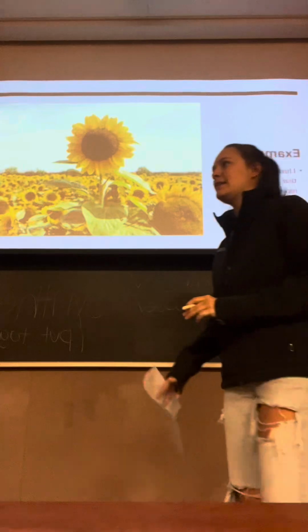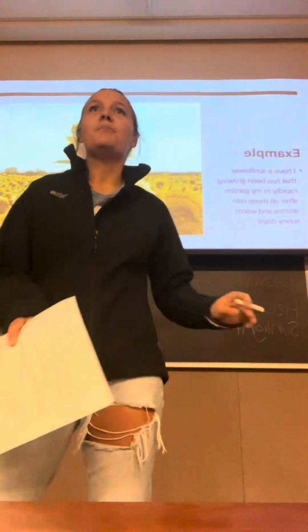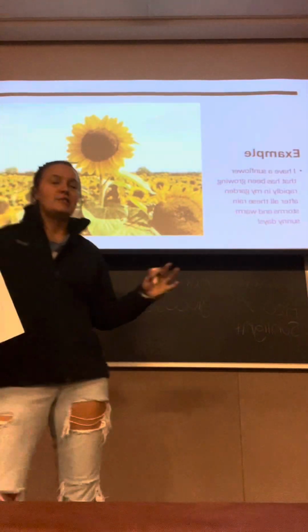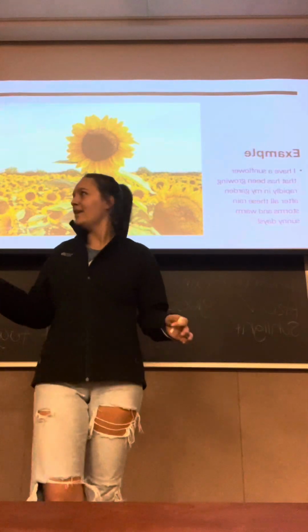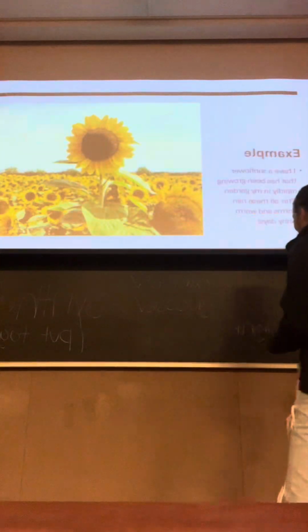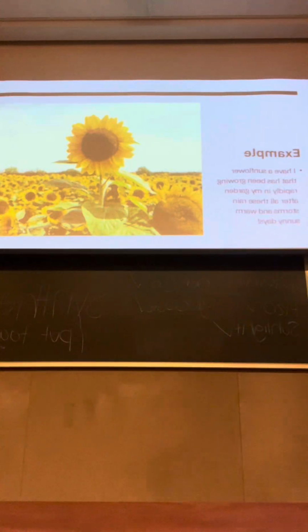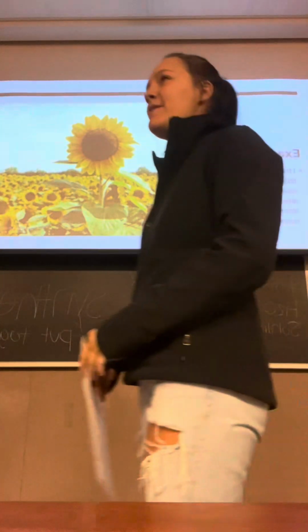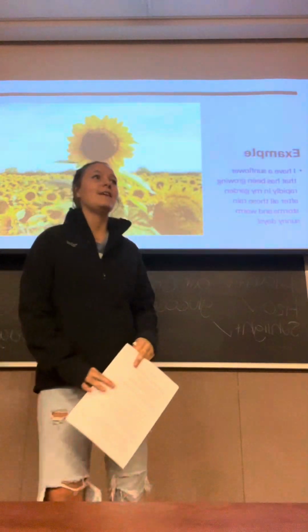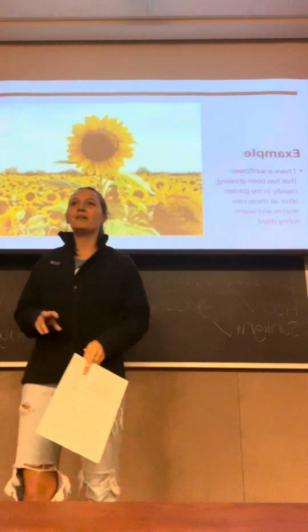If we have warm sunny days, does that mean that the plant's getting sun? Shout it out for me. 3, 2, 1. Yes, the plant is absolutely getting some sunlight in the summer. Okay, so if we hit all our markers here, would this be an example of photosynthesis? Everybody write it on their whiteboards.